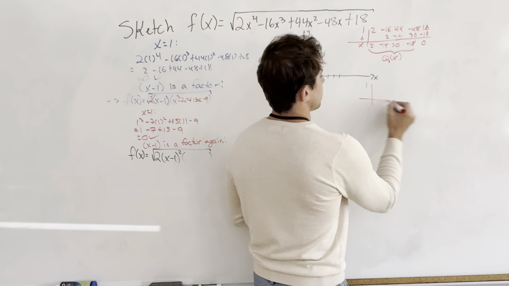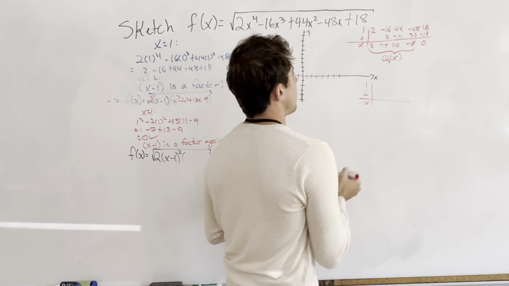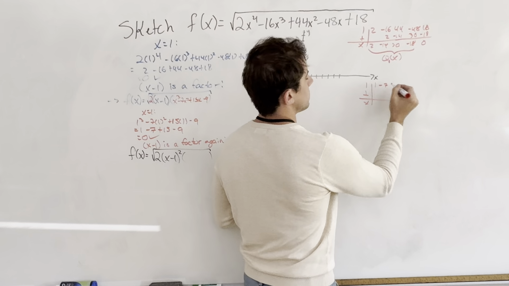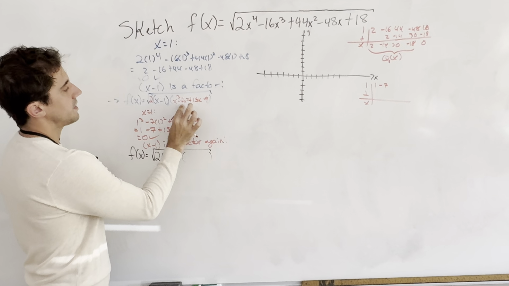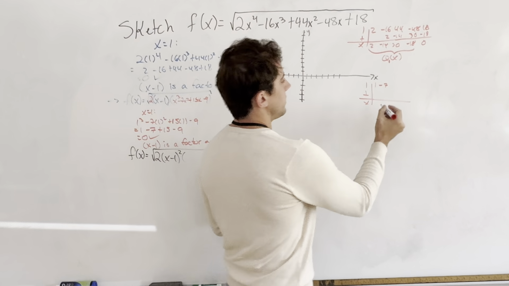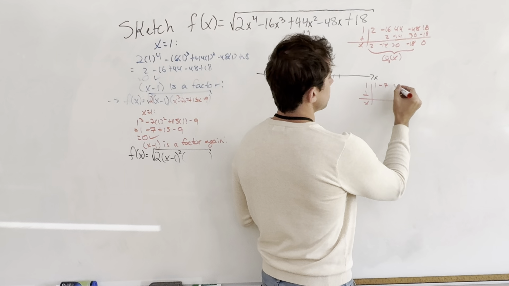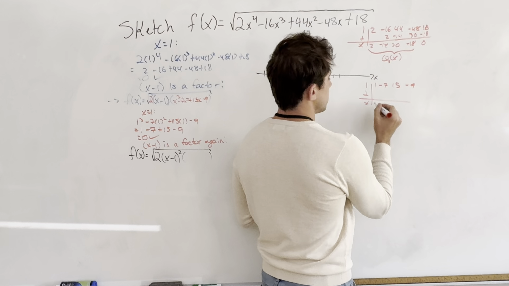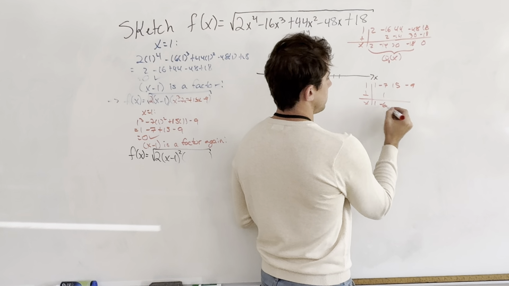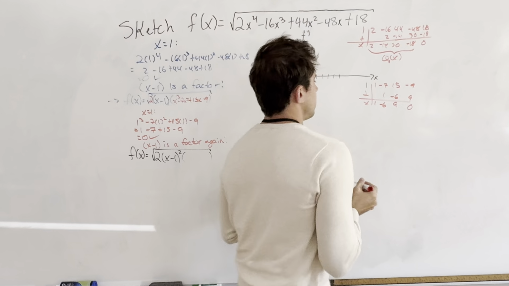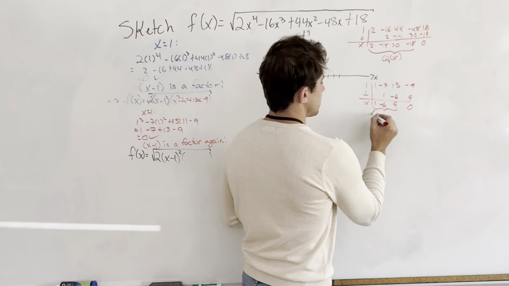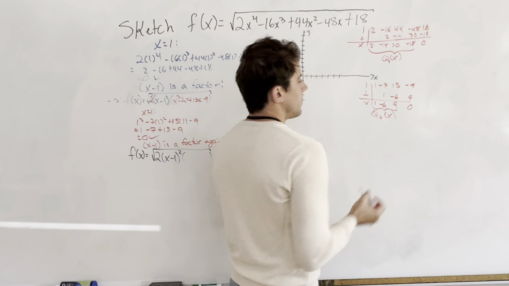So again, the root is at positive 1. The coefficients of the cubic were 1, negative 7, 15, and negative 9. And so with synthetic division, this will be our second quotient as a function of x.